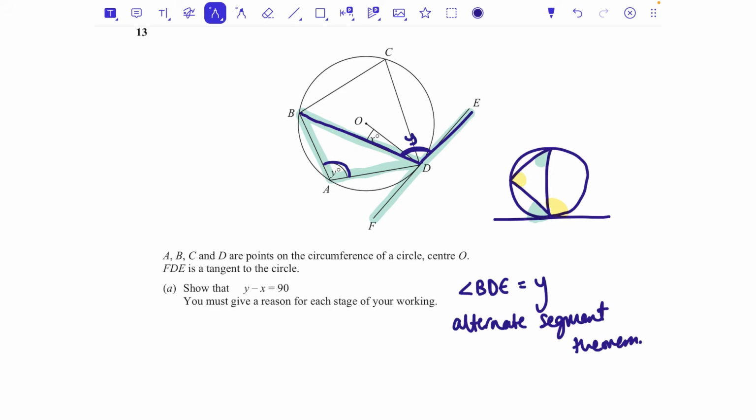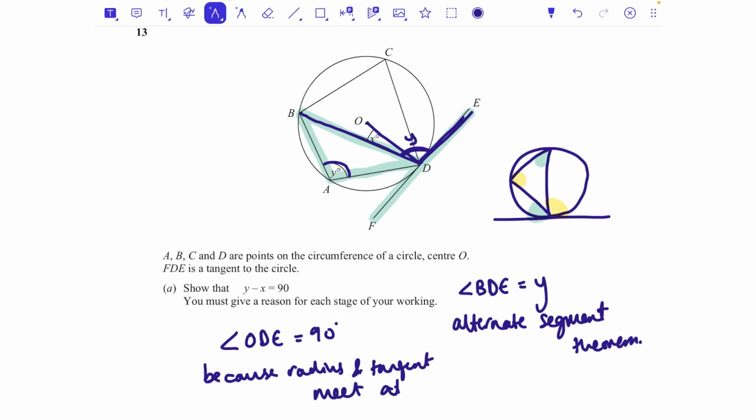The next thing I'm going to do is say that angle ODE equals 90 degrees because a radius and a tangent meet at 90 degrees. So whenever you have a radius going from the middle of a circle and it's touching a tangent, they're always going to make a right angle.